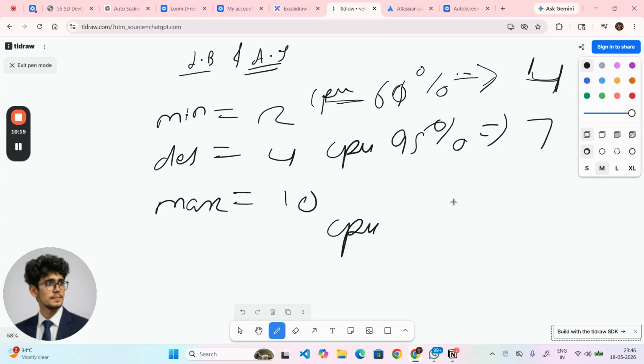And now again, if it becomes 20 percent, my servers are going to reduce by 5 and it becomes 2.